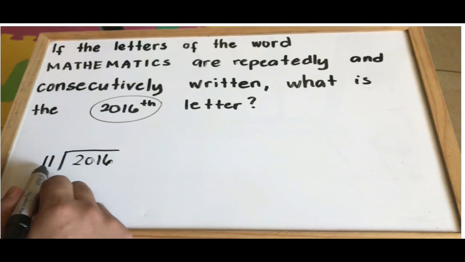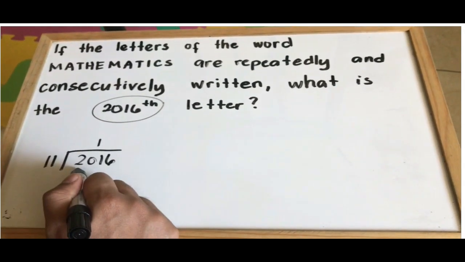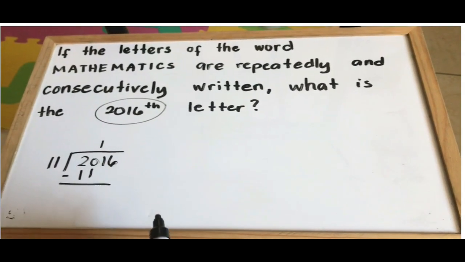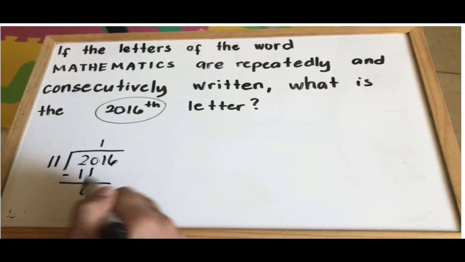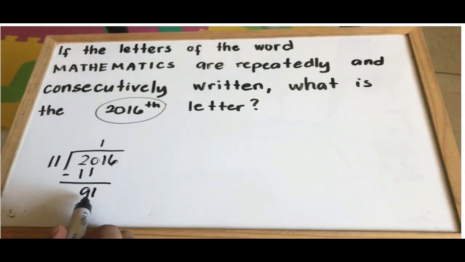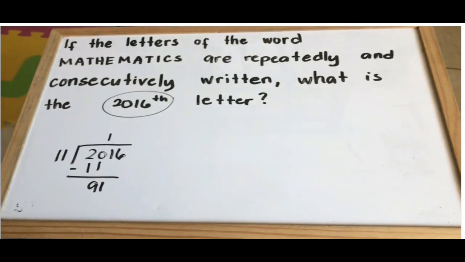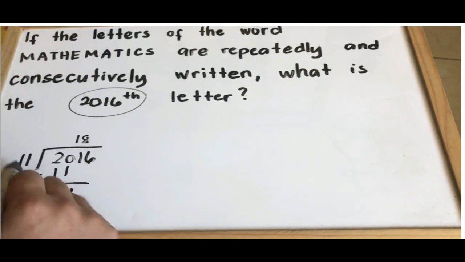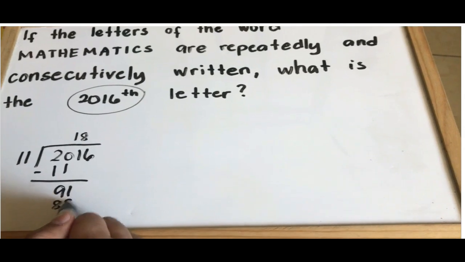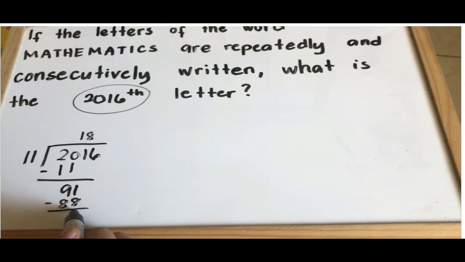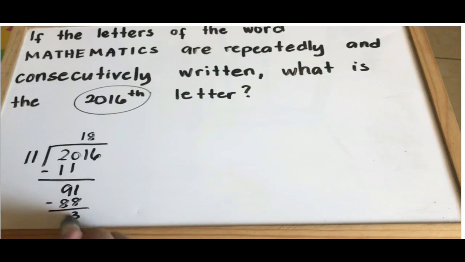So, 20 divided by 11, 1. 1 times 11, 11. So, subtract, 9 and bring down 1. Next, 91 divided by 11, 8. So, 8 times 11, 88. 91 minus 88, 3.